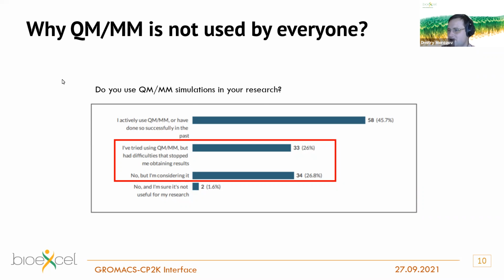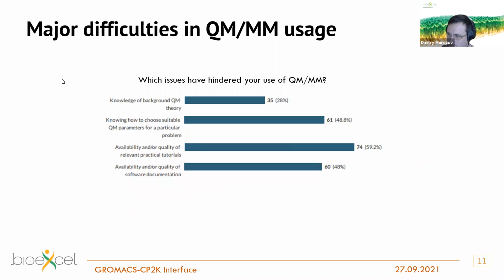And when we asked what the major difficulties were that hindered them from using QM/MM, the main one was not even knowing the QM background theory, because most modern chemists know what QM or quantum chemistry is, at least have some sense of it. But when they come to the actual software package, they don't know what to do.